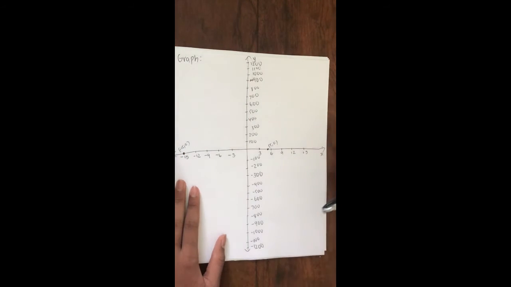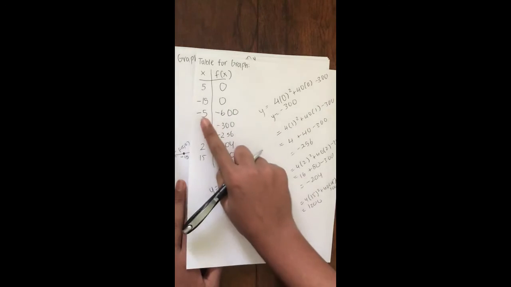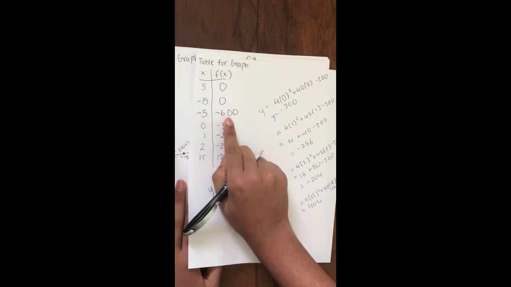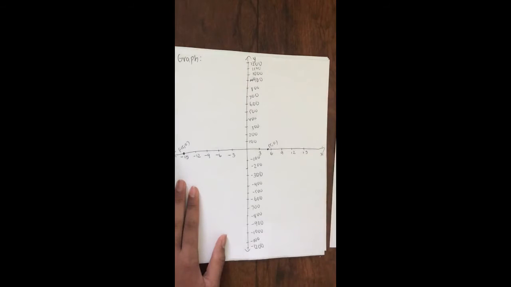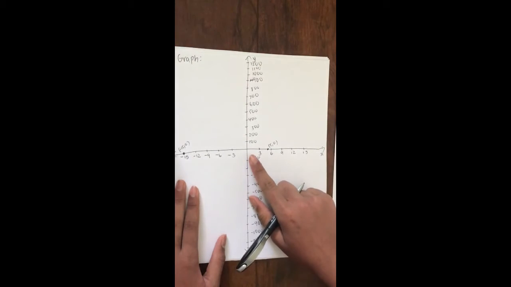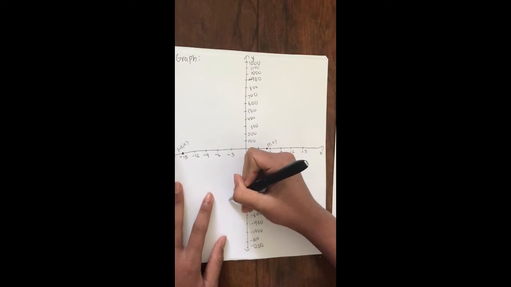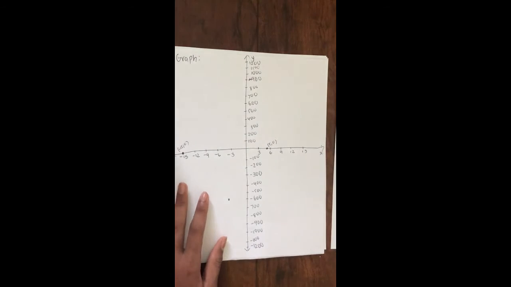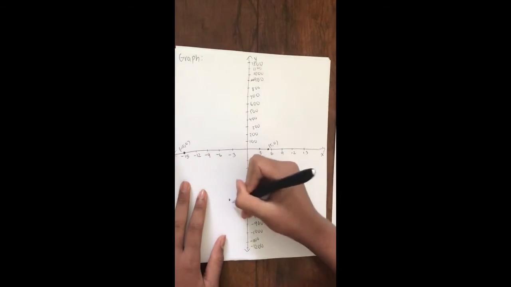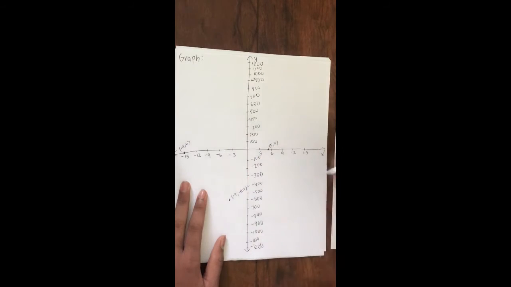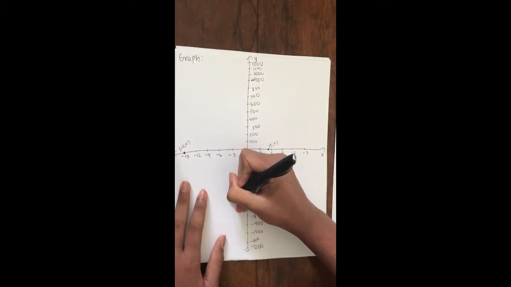When x is negative 5, y is negative 600. So that's our vertex for this equation: negative 5 comma negative 600. It's a little bit over here actually.